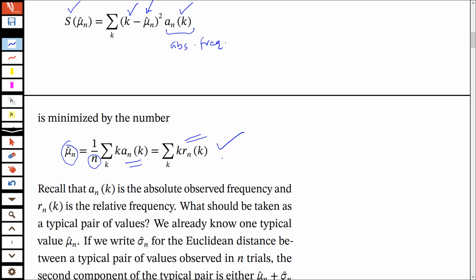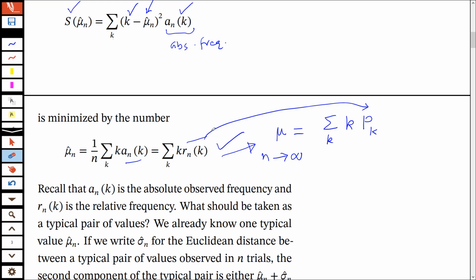And you should also remember that we then used this to define our abstract mean as a long run average. So then you allow n to get larger and larger without limit, and then our definition of the mean was that we sum over k all values, and this relative frequency was replaced by probability. This was just to refresh your memories of that lecture.